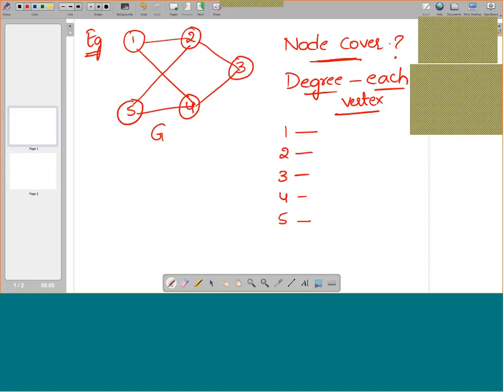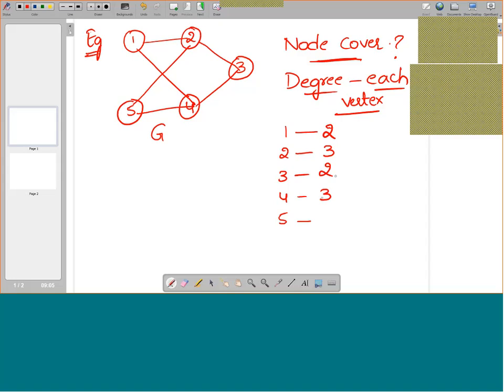So for 1 it is 2, good. For 2 it is 3, good. For 3 it is 2, good. For 4 it is 3, good.